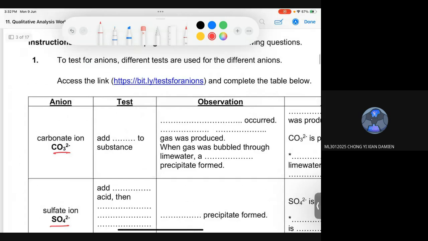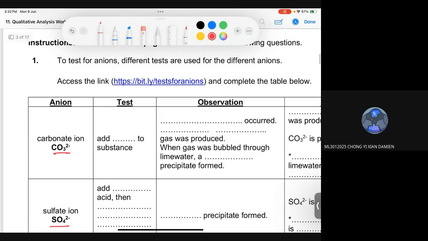Carbonate. To test for carbonate, I'm using a carbonate reaction. I'm going to add acid to the substance. Usually I'll add nitric acid. This will be my common acid that I'll use in experiments as well.